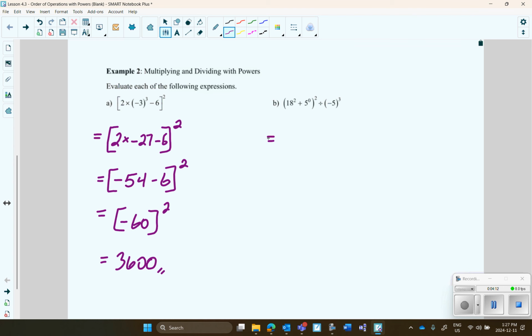What are we going to do first? Yeah, so we're going to work in here first. And we can do the exponents in here. 18 squared plus 5 to the 0 is 1. And don't forget, we still have to add those in square.